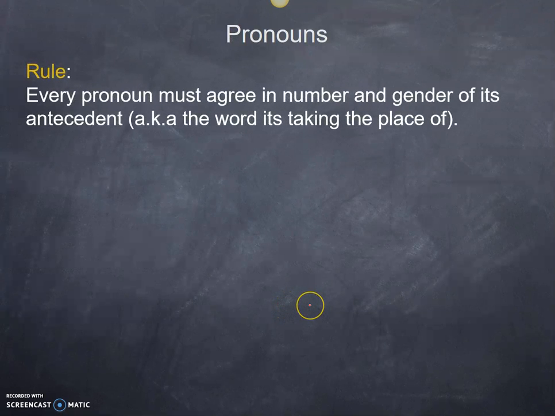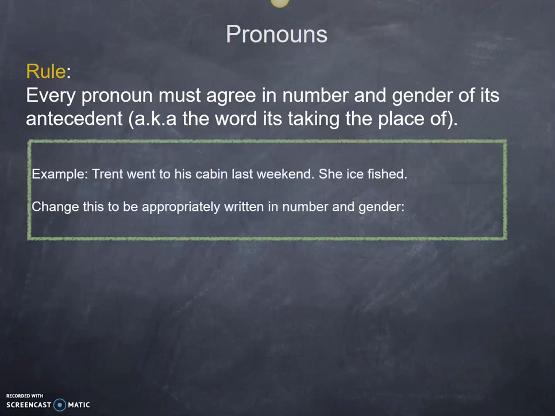So now there is a rule that we must abide by when using pronouns. Every pronoun must agree in number and gender with its antecedent, the word that it's taking the place of. So in this sentence, Trent went to his cabin last weekend. She ice fished.